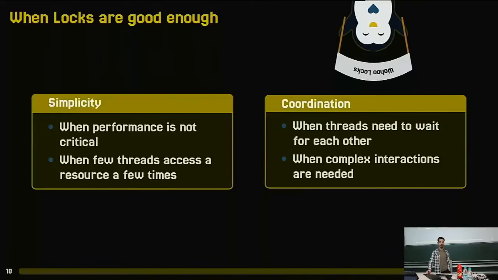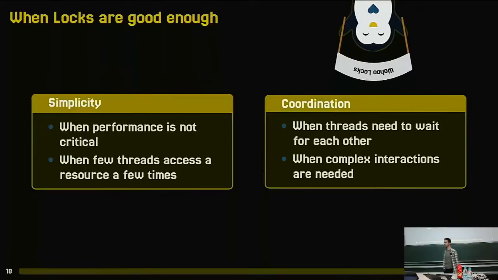Also, I said in the beginning that there are not only mutexes and that kind of stuff, but there also exist barriers and phasers which are not only used for concurrent access, but which can also coordinate threads in general.